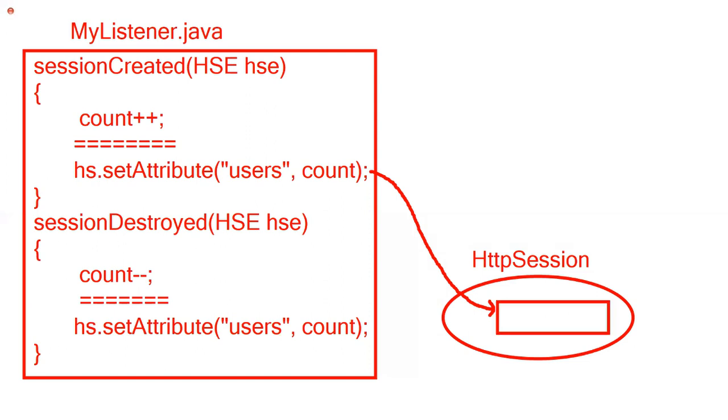Now here users count is also updated. So when a user logs in, count plus plus, the value changes. When a user logs out, count minus minus, the value changes.